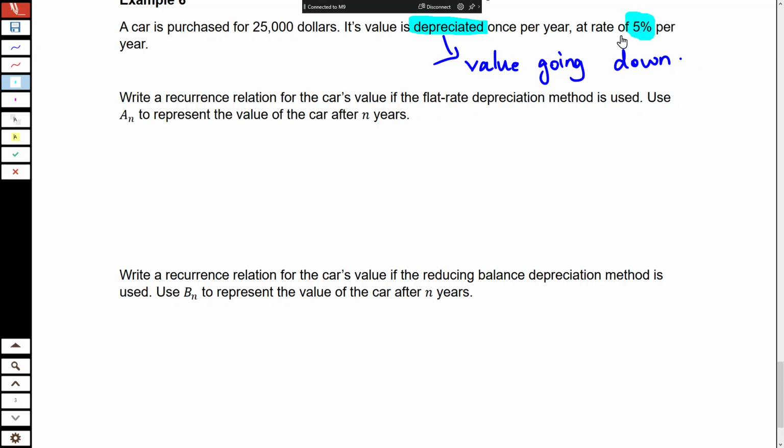Okay, here we are told the depreciation rate is 5%. So, to avoid confusion, I will not use R here. I'll just say 5 over 100 times 25,000. That's 1250.